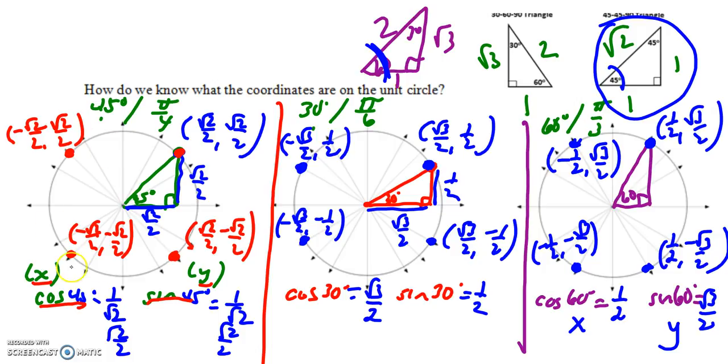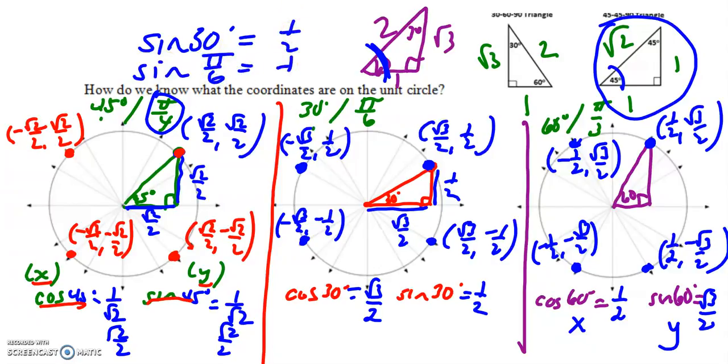But notice, a lot of students have an easier time remembering the 45/45s or the pi over 4 because all of these are root 2 over 2, depending on sign. The 30/60s and the 60/30s, notice, are all root 3 over 2 and 1/2, but the order matters. As a suggestion, based on teaching trig in the past, I would maybe consider memorizing that sine of 30 degrees or sine of pi over 6 is 1/2.